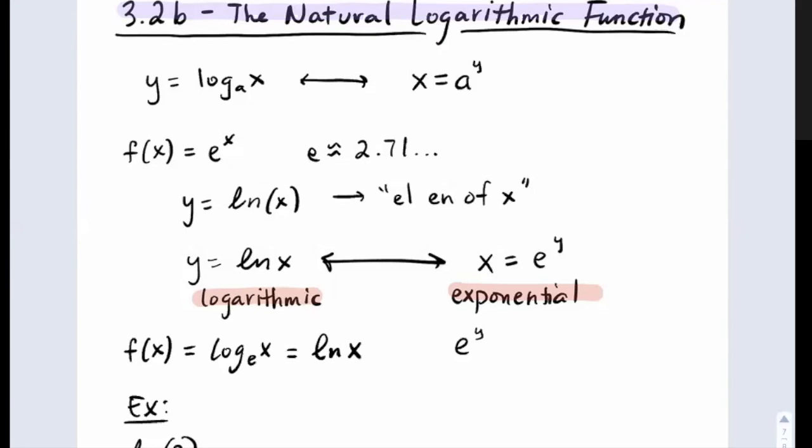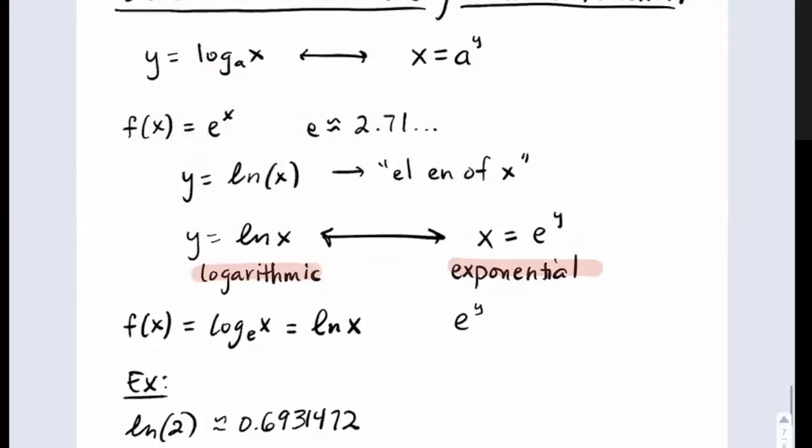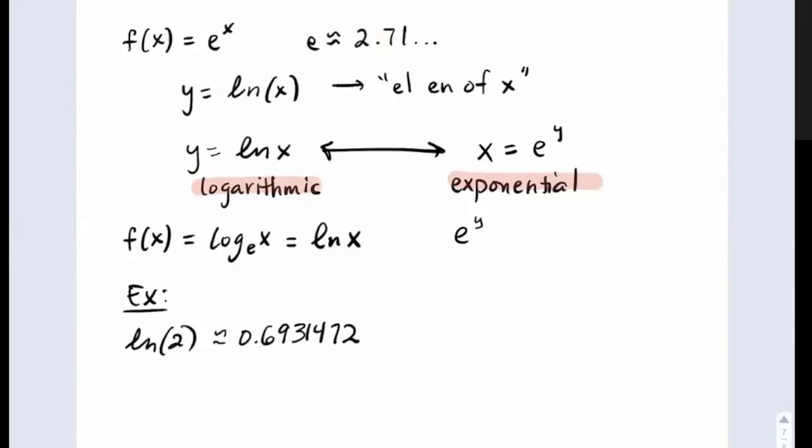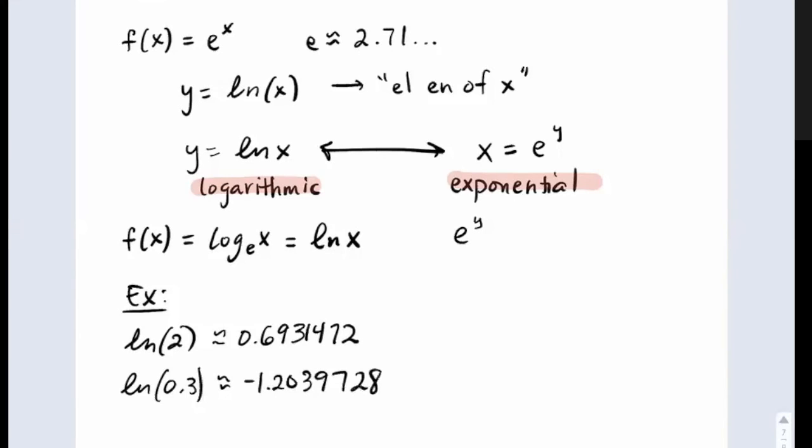ln of 2 gives me this number, 0.6931472. I could find the ln of 0.3, and that gives me negative 1.2039728, and I could plug in ln of negative 1, and that gives me an error.